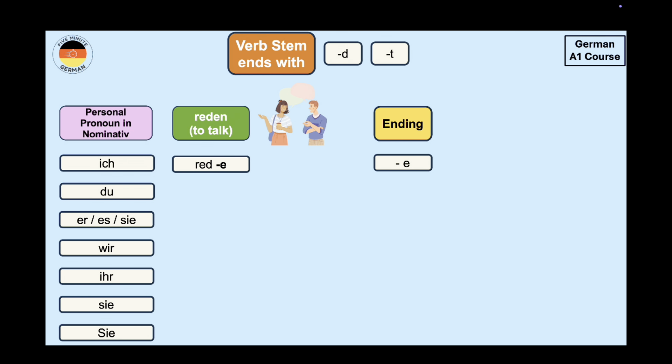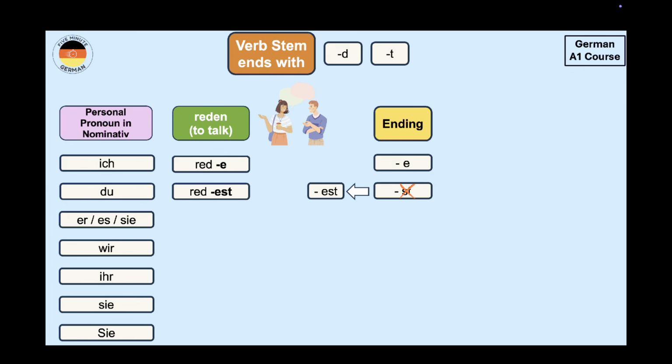For second person singular, or du, it will be st. However, when the verb stem ends with d or t, as is the case over here, then we will not use st, rather we will use the ending est. So the verb will become du redest. This is done because it is difficult to pronounce the verb if we use the ending st. It would be redst, and in order to make it easier, we add an extra e over here.